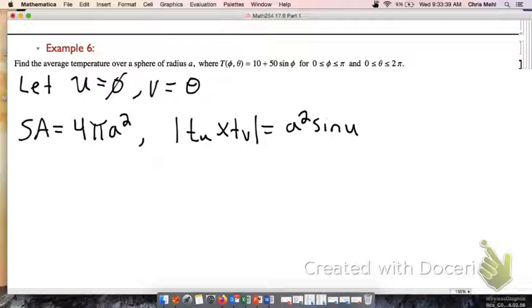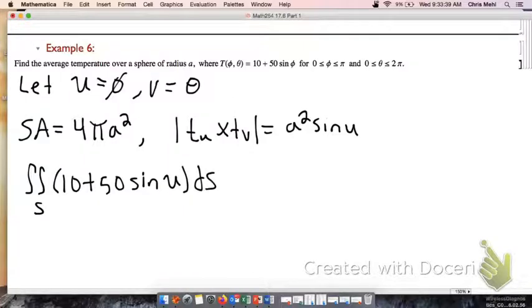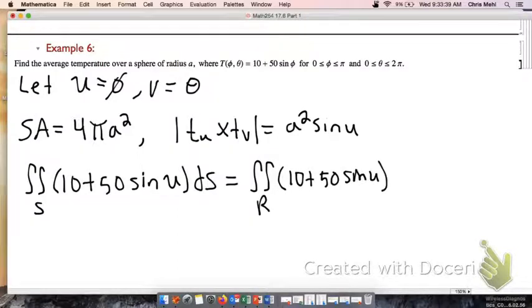Okay. So if I want the average temperature, I'm going to first just integrate the temperature function. So I'd be doing the double integral over S of the temperature function. Now it'd be 10 plus 50 sine phi, but I let phi be u, and you'd integrate this with respect to surface area. This becomes a double integral over the rectangular region R of 10 plus 50 sine u times Tu cross Tv dA.